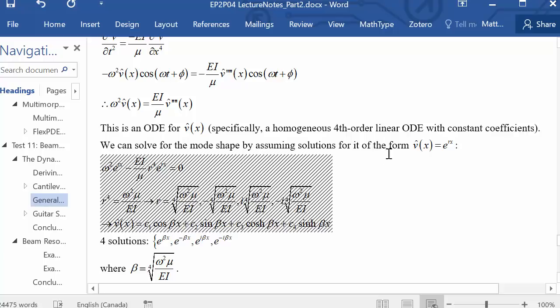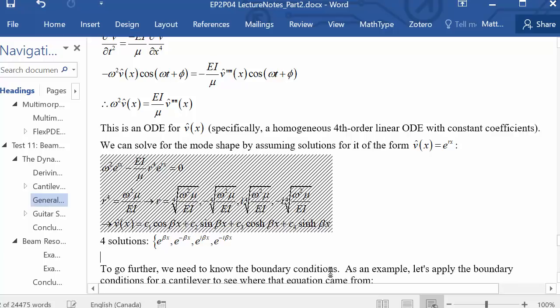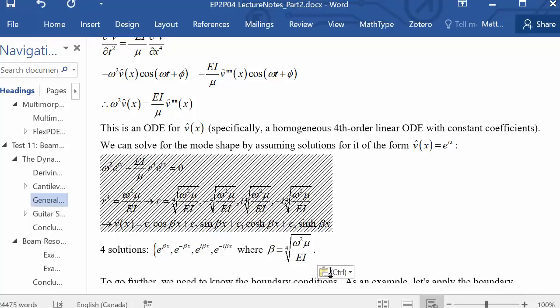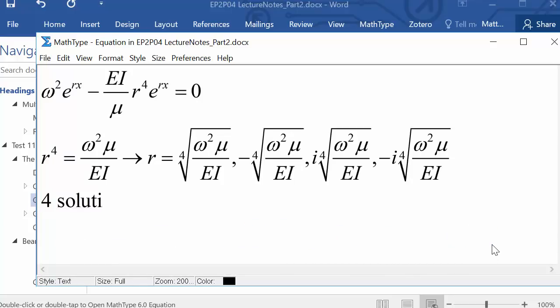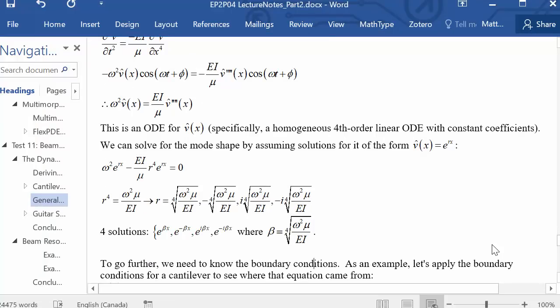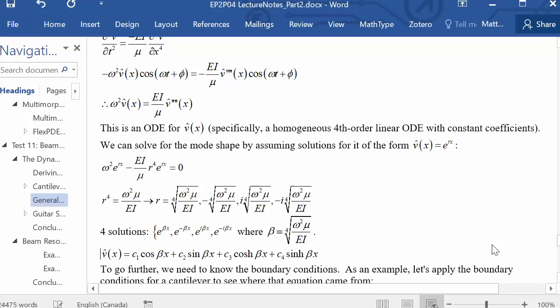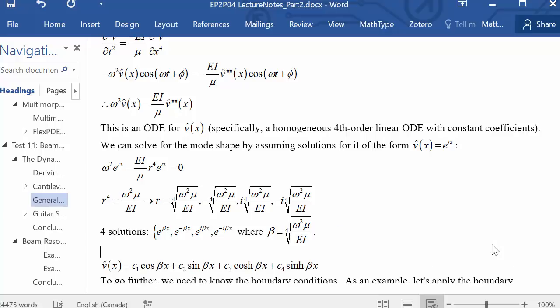Essentially, when you substitute in this assumed form, you find 4 solutions, and you can rewrite them like this, where beta is equal to that, and we're going to find a way to rewrite these solutions into this form. So you might be wondering, where does that come from? It's just by taking linear combinations.